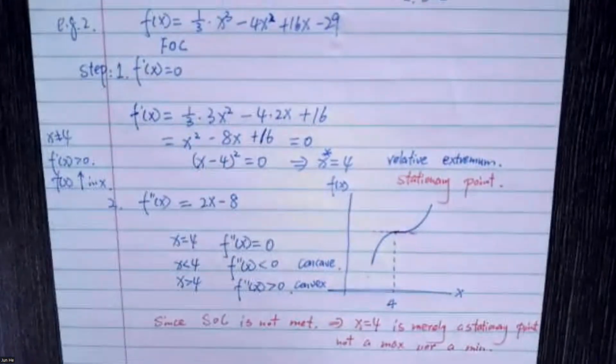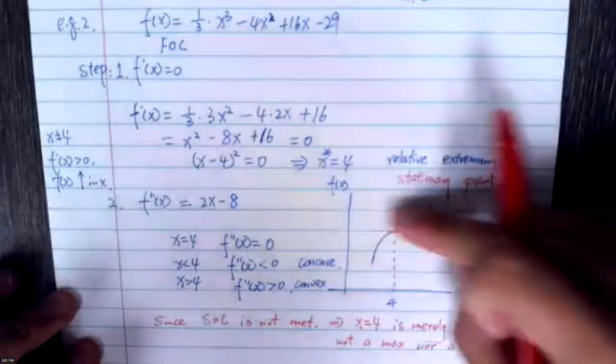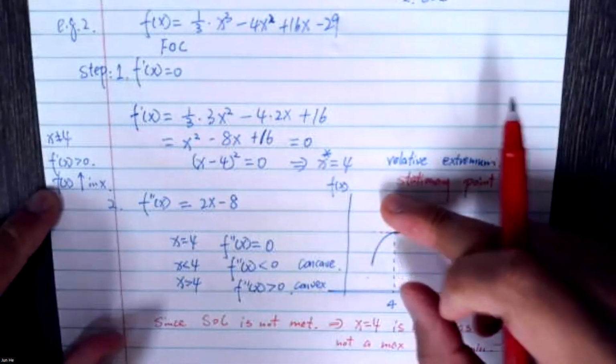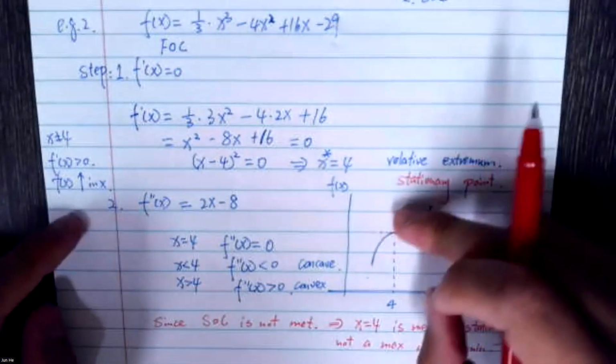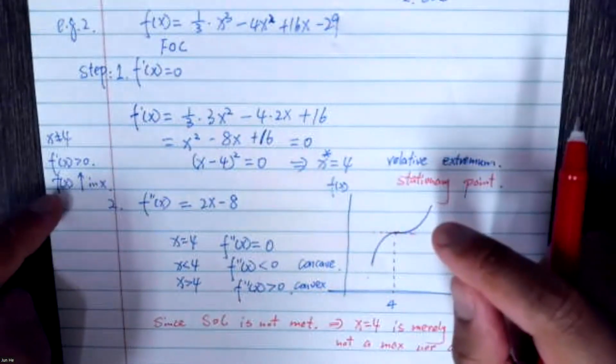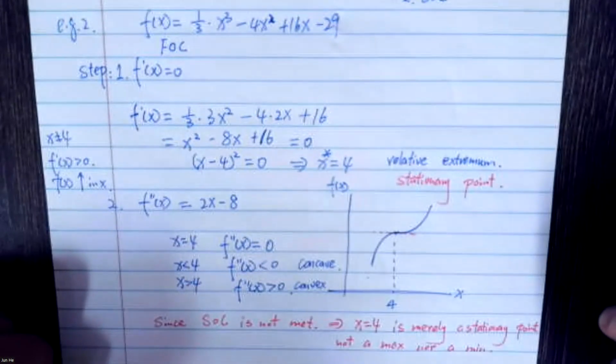So that's how we solve this problem. And I'm especially using this one first to refresh your memory and hopefully to deepen your understanding of how to graph utilizing the first order derivative and second order derivative, right?